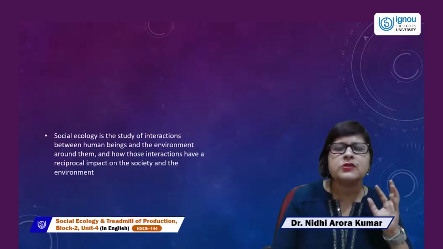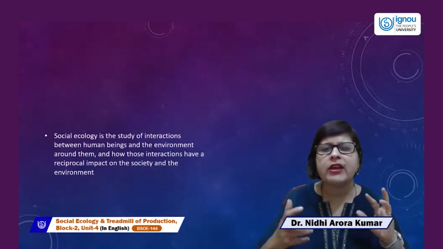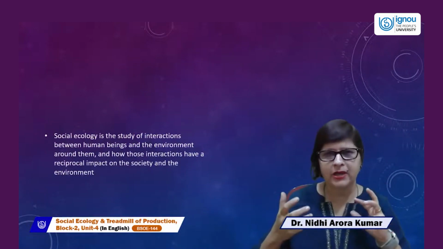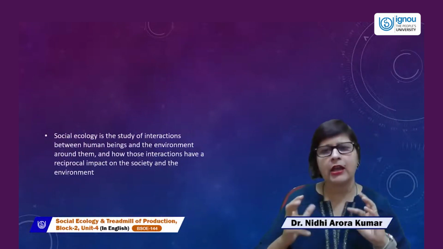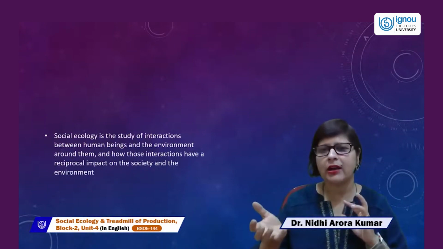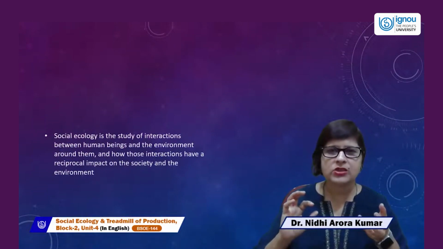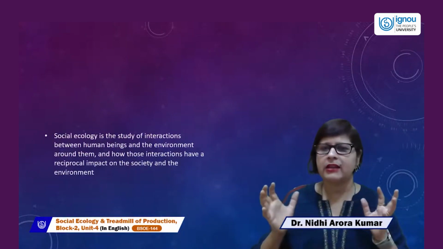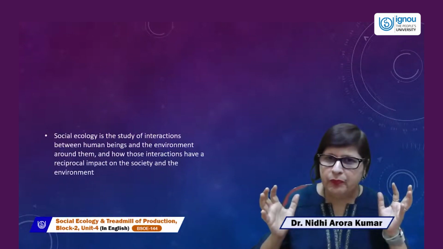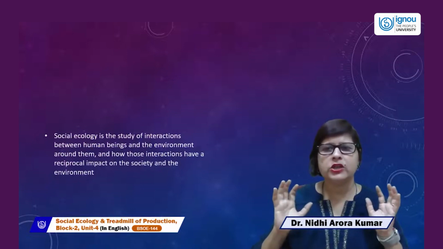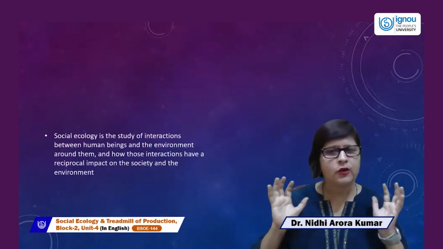It is the study of the interaction between human society and the environment, and how they impact each other: how society impacts the environment and how the environment impacts the society. I hope this is clear.